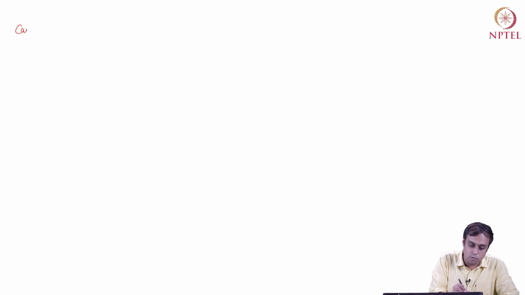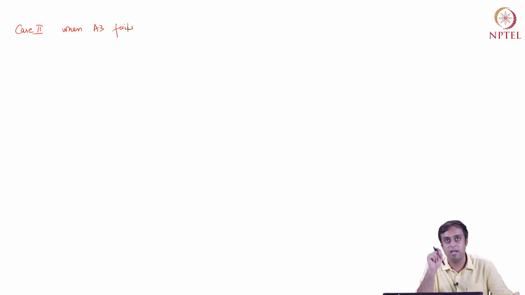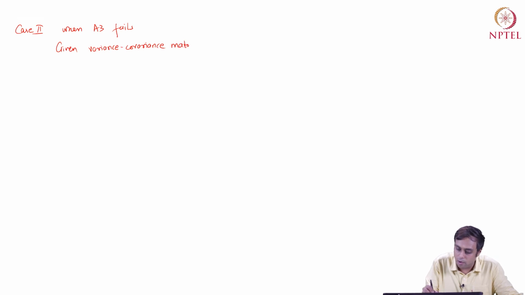So let's say case 2, when A3 fails. We are talking about a very specific structure that we have articulated in the variance covariance matrix of model errors.